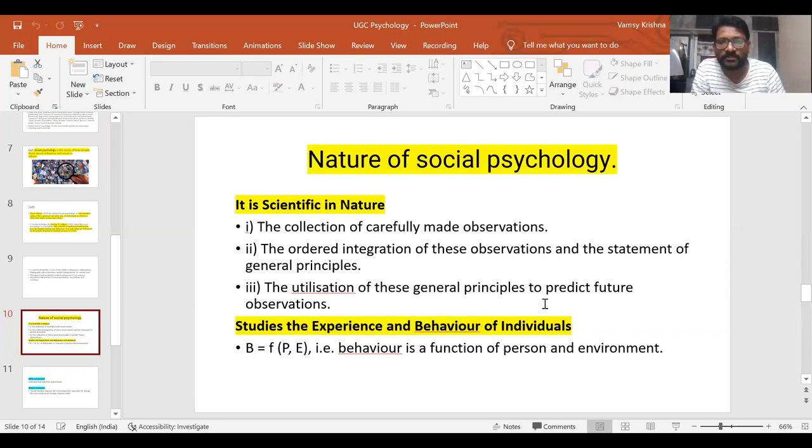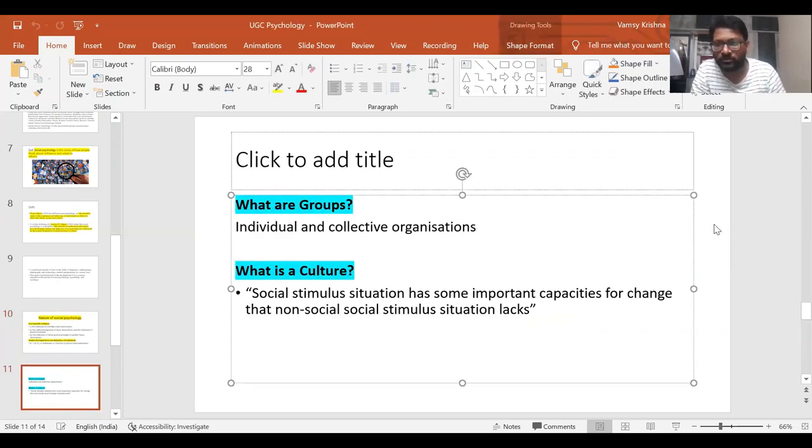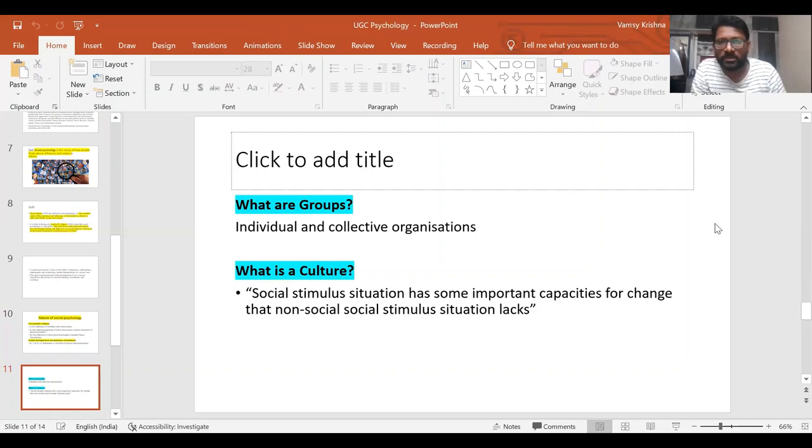Especially when we talk about individuals, what are groups? Groups are nothing but individuals and collective organizations. An individual and collective organizations together, we call groups. And what is culture, for that matter? We are dealing with different questions in relation to others and the environment, right? An individual with others and environment.